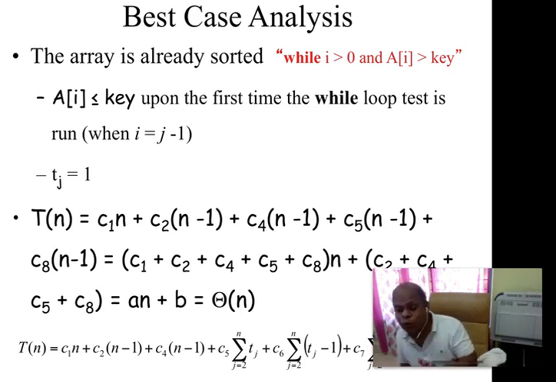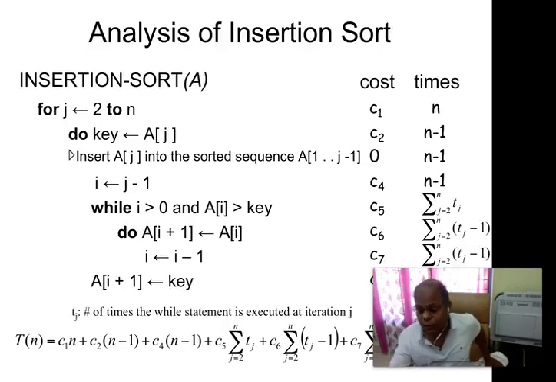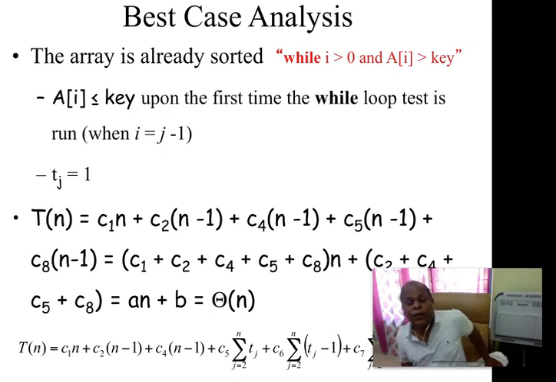Hence it will not go inside the loop. In that case Tn is equal to C1n plus, you see, the value of Tn we have calculated previously. We will put Tj equal to 1. If we put Tj equal to 1, then the C6 term will be cancelled out, and the C7 term will be cancelled out. Hence C1n plus C2 into n minus 1 plus C4 into n minus 1 plus C5 summation of Tj, but Tj is 1, j from 2 to n.